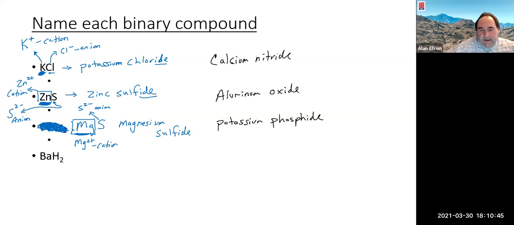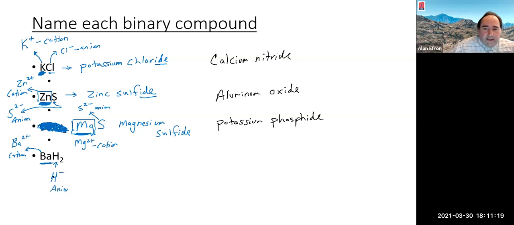And lastly here, if we kind of look at the last one, we got Ba, which is barium. Again, that's group 2, which means really that's as far as you need to go in terms of your analysis. But we will continue here and think about the rest of it. We actually have barium, which would be our cation here with a +2 charge. We actually have hydrogen here coming after a metal. In this case, this hydrogen is actually -1 charged here, and it is the anion.